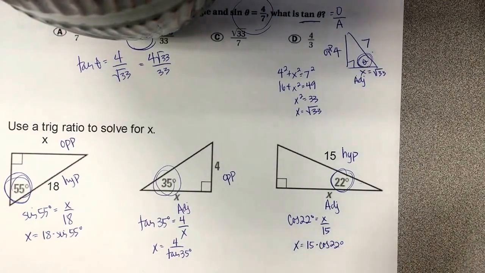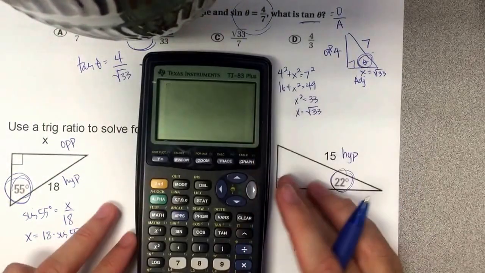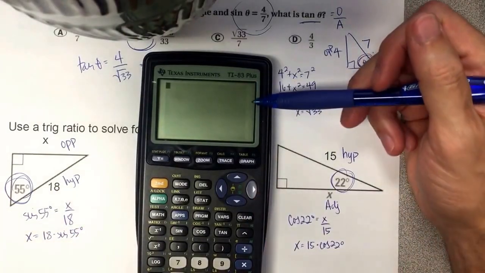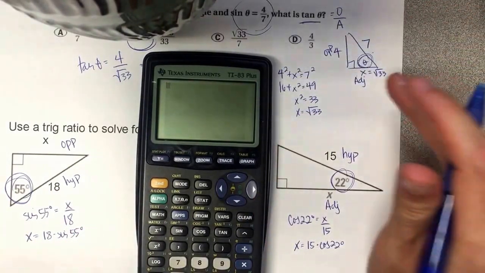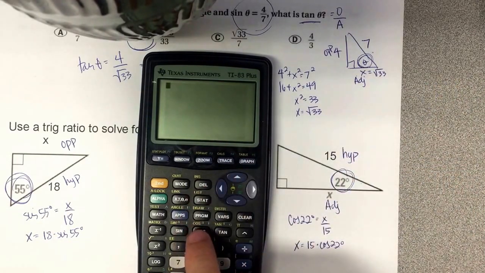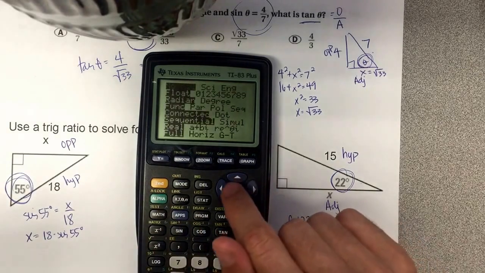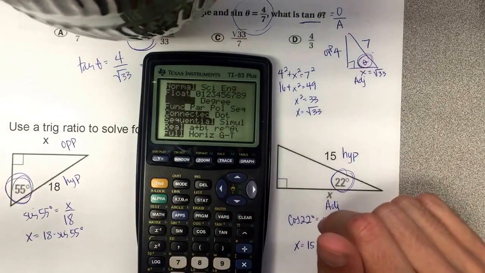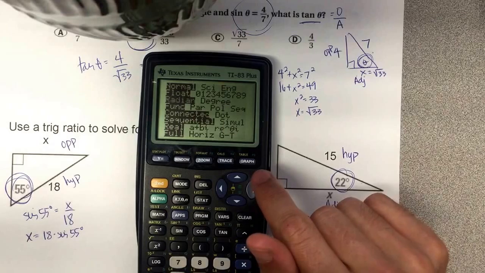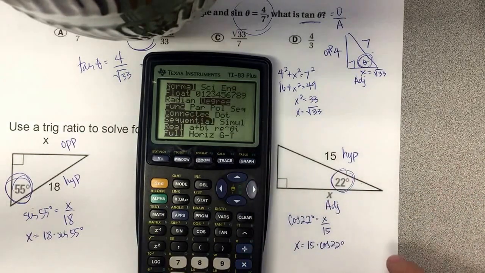And then let's talk about what you're going to do in the calculator, because you have to have a calculator to solve these. Number one, if you have a graphing or scientific calculator, it has to be in degree mode. If you have a calculator that looks like this one, you're going to push the mode button right here, and you're going to scroll down and see how mine is flashing on radian. We can't have that. We have to click over to degree and push enter so that we're in the right mode.